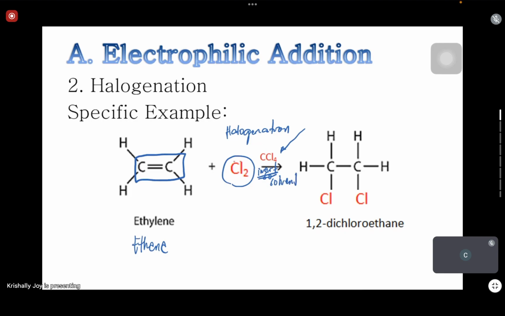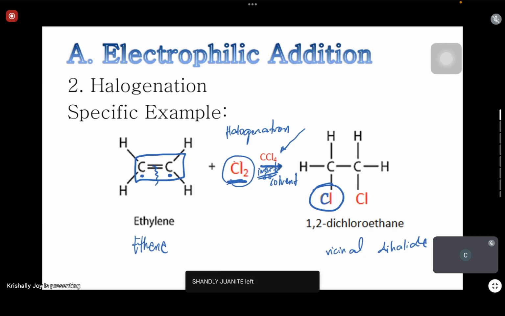So yung inert solvent na ginamit dito is carbon tetrachloride. So ano kaya yung magiging product kapag carbon tetrachloride yung inert solvent? Di ba? It should be vicinal dihalide. Dapat after we break the pi bond, each of this carbon will be added with, okay, halogens. Tig-iisa sila. Chlorine man yung being added. So tig-iisa sila. Chloro, isa din, chloro. So you have a product na vicinal dihalide in this example.